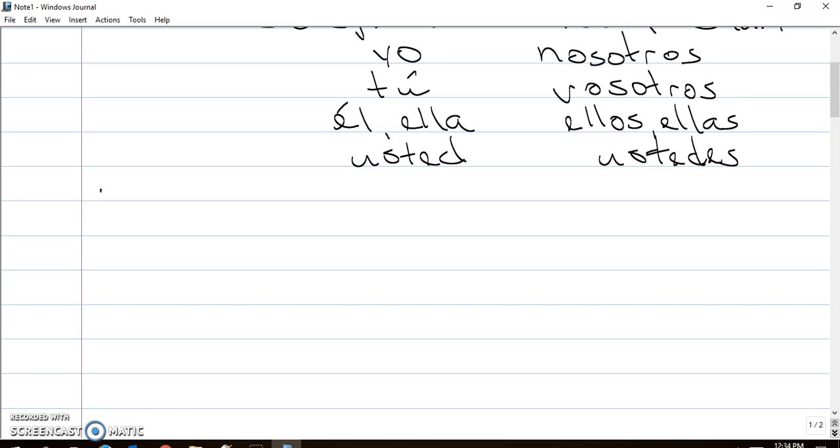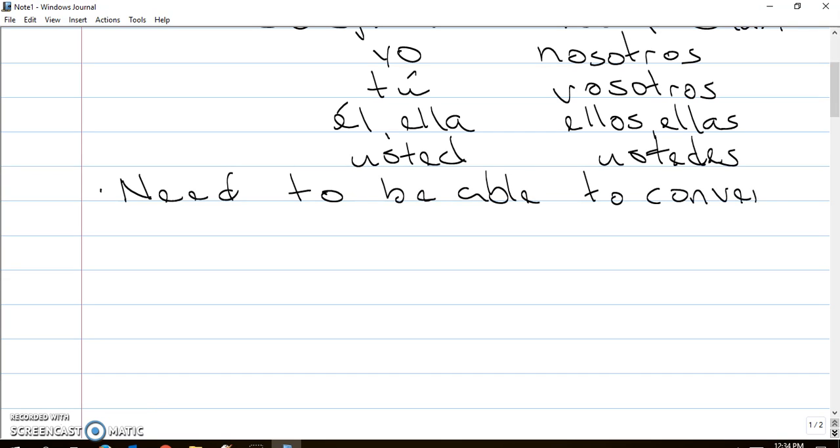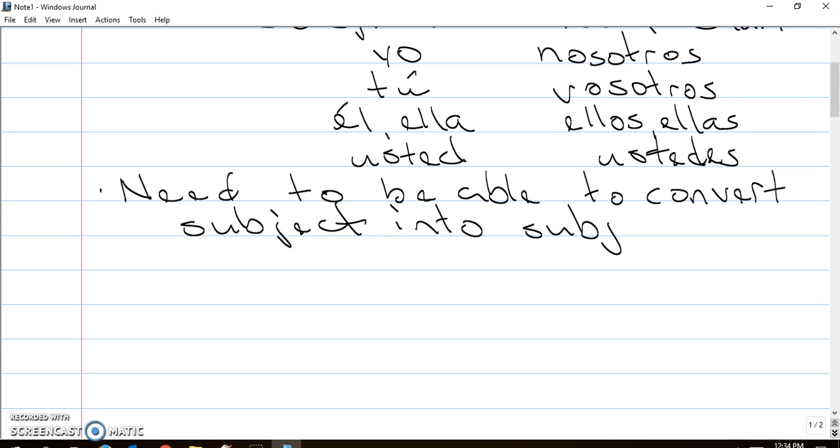The second thing you need to be able to do is convert subjects into subject pronouns.